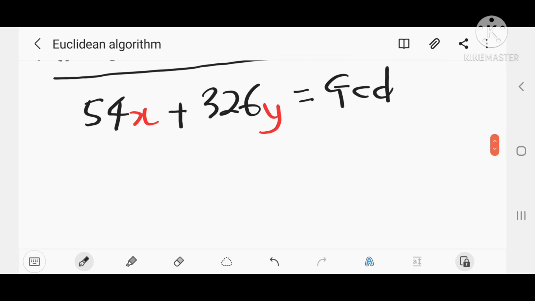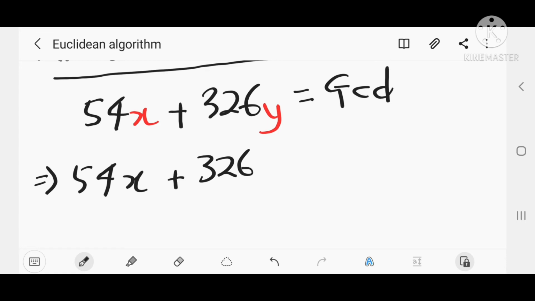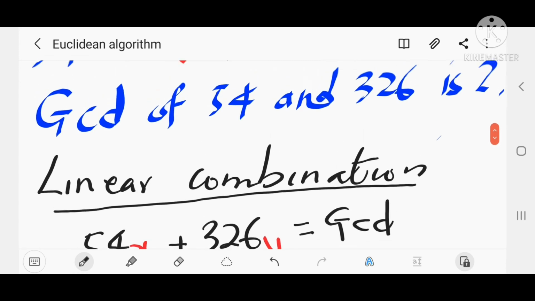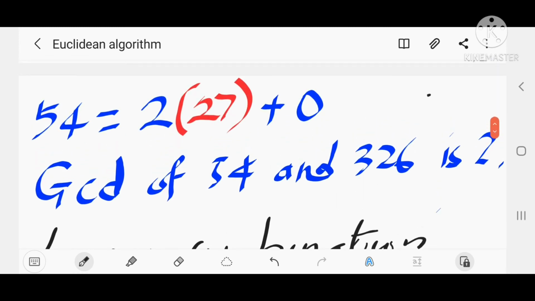Remember, we got the GCD to be 2, so we have 54x plus 326y equals 2.